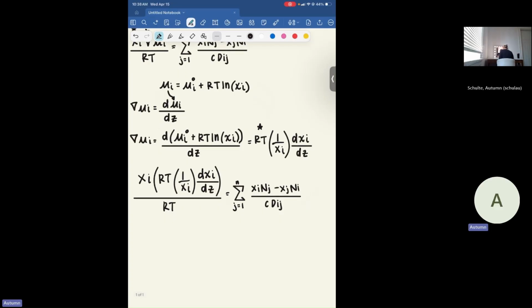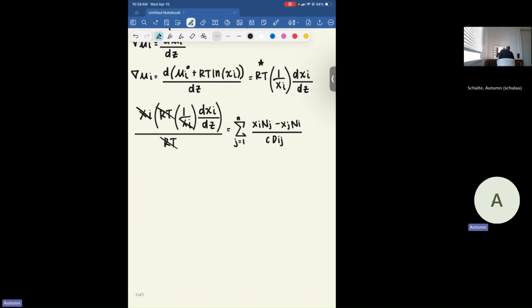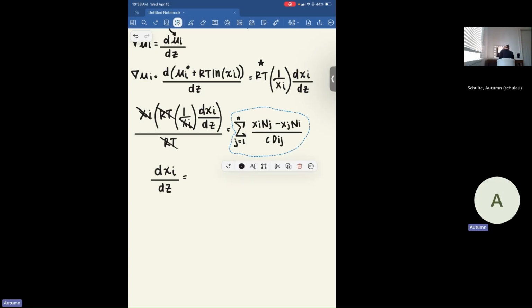So as you can see here, our mole fraction of component I terms cancel, as well as our gas constant and our temperature. Therefore, on the left side of our equation, we're going to have that the derivative of the mole fraction of component I with respect to our position Z is equal to, once again, this entire right side of our equation.